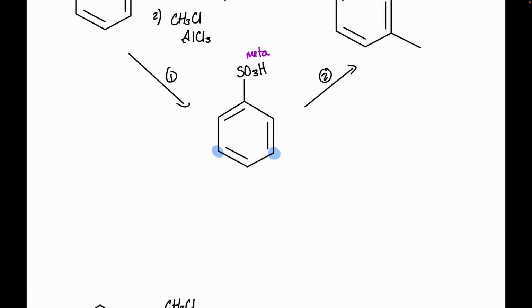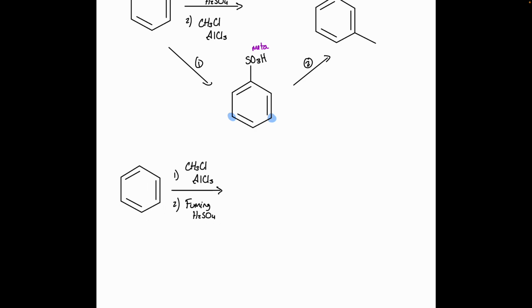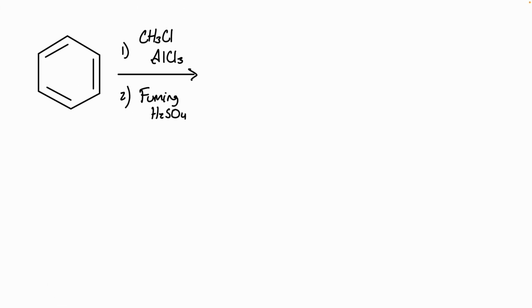Now if we do these same two reactions, but in a different order, my first reaction is going to be that alkylation reaction. So the first thing I put on that ring is going to be that methyl group. When I do my second reaction, I'll put on that SO3H, but again, I've got to figure out where to put it. I'm going to look at these alkyl groups here. What do we call these, ortho-para or meta-directors?